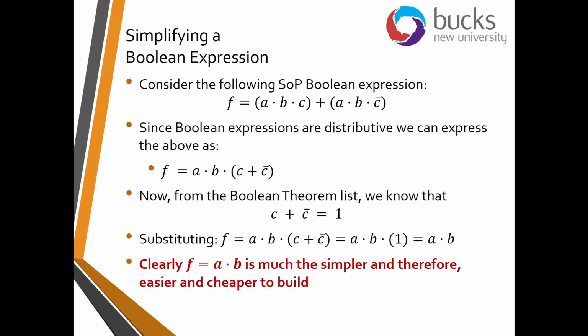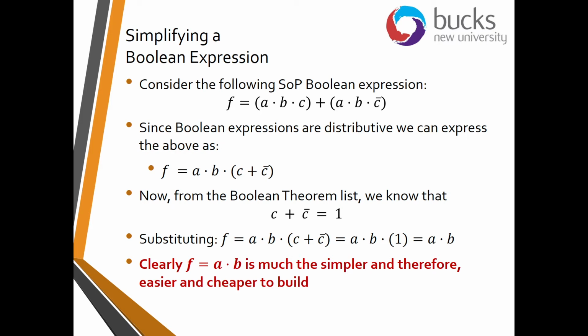And we can also see in our theorem list that when we have c or not c, that always equals 1. And in SOP, we're looking for 1. So we can then substitute f equals a and b and (c or not c) with a and b and 1, which eventually, because we're looking for 1s anyway, we can just simply say a and b. So f equals a and b is actually the much simpler, and therefore easier and cheaper, circuit to build.